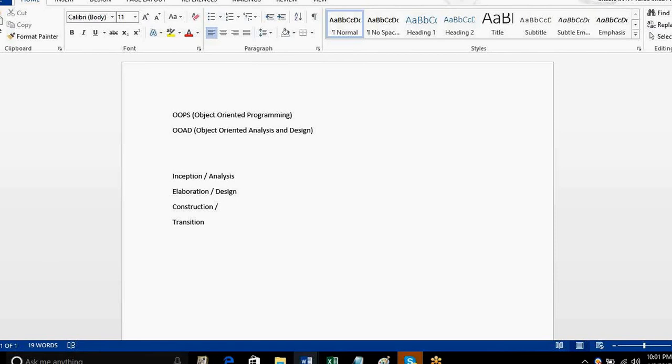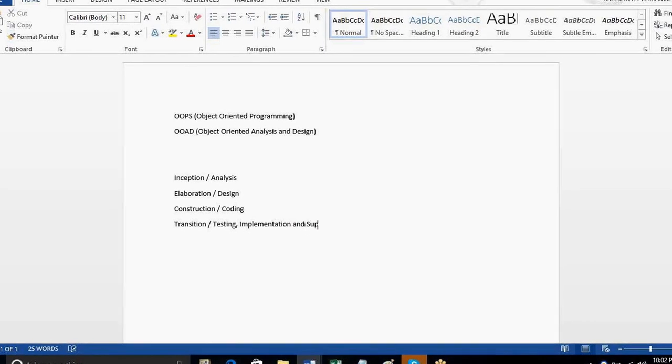So inception is equivalent to analysis, elaboration to design, construction is coding, transition to the testing, implementation, and support.